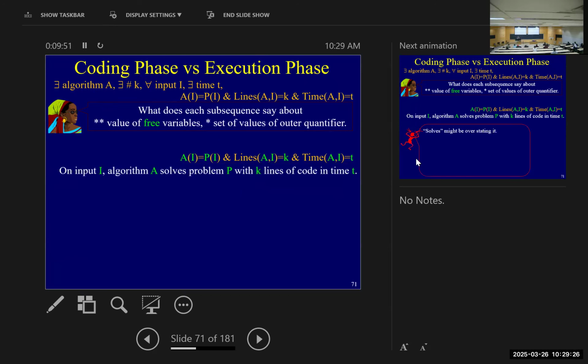We have all these free variables, and it's saying A solves P. A has K lines and T time, right? What were its resources? Here it did solve the problem, and what resources did it use? It used a certain number of lines of code.